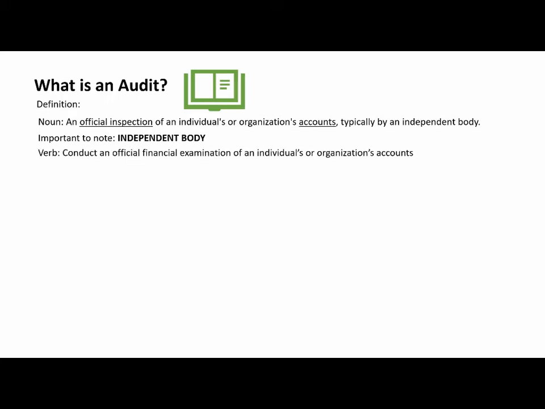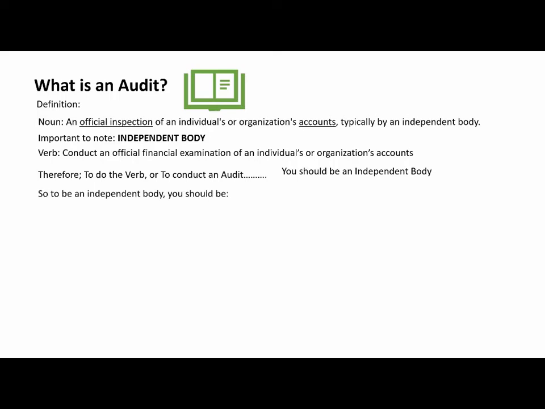So if we look at the verb portion of the definition, it's to actually conduct that official examination of an individual's and organization's accounts, and that's what we're going to be learning over the next several weeks, is how to conduct that. Therefore, to conduct that audit, you should be an independent body.